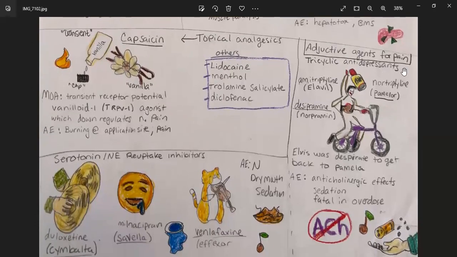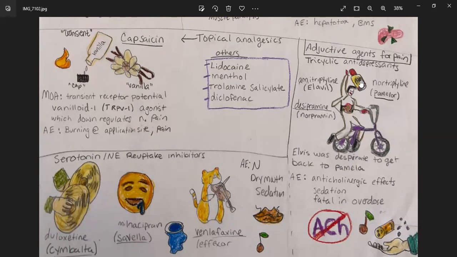Then we have adjunctive agents for pain. So right here, we have Elvis riding on a tricycle. I know that doesn't look like Elvis, but it is. Elvis was really desperate to get back to Pamela, his current girlfriend. So Elvis, for Elavil, was desperate, desipramine, to get back to Pamela, Pamelor.